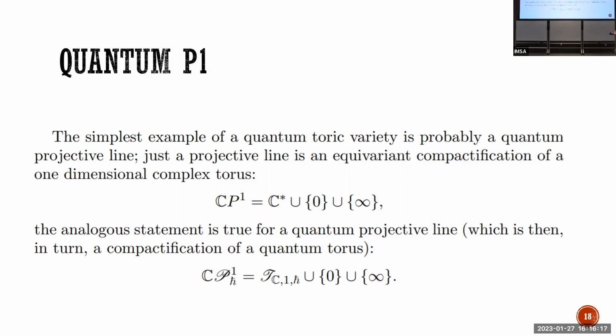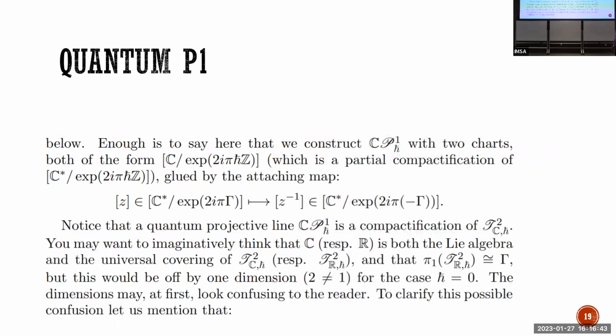And now CP1 with h bar will be the quantum torus, that is C star modulo the group generated by 1 and h bar, union 0, union infinity. But of course, I could have gotten here weighted projective space rather than CP1, and here I have a freedom to get various weights.